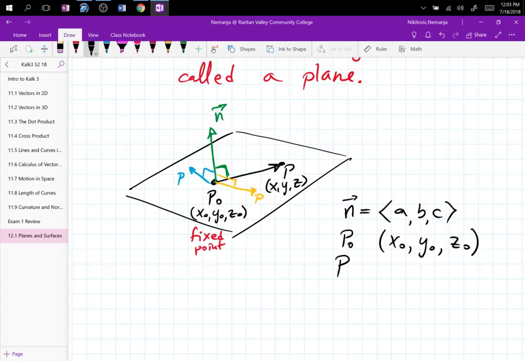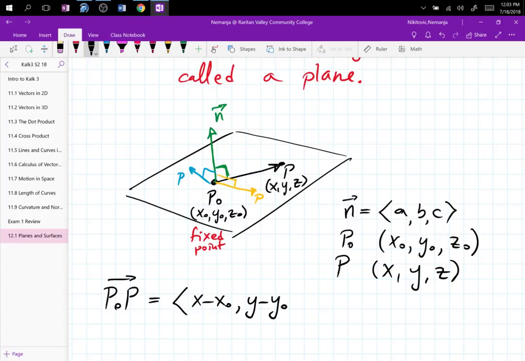And we know that the point P has x, y, z coordinates. Those are variables. We can create a P0P vector. Creating a P0P vector is a simple subtraction: x minus x0, y minus y0, z minus z0.